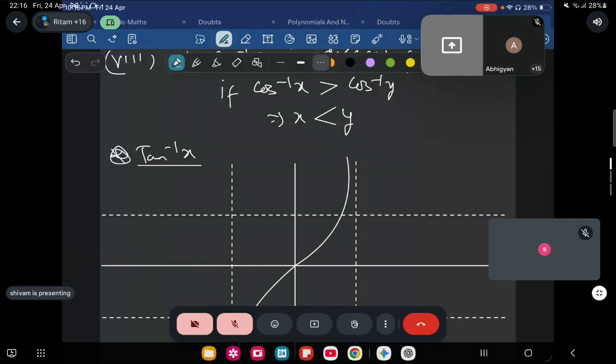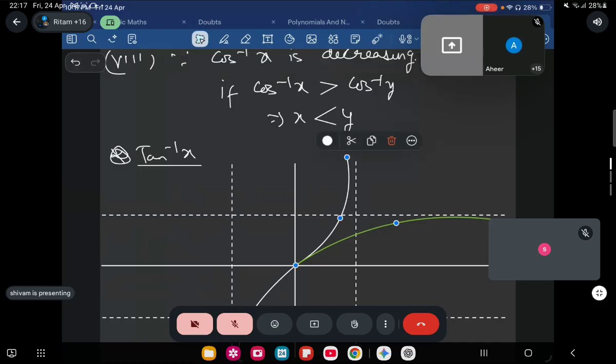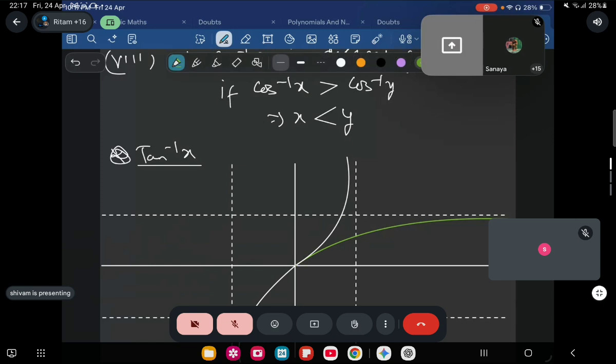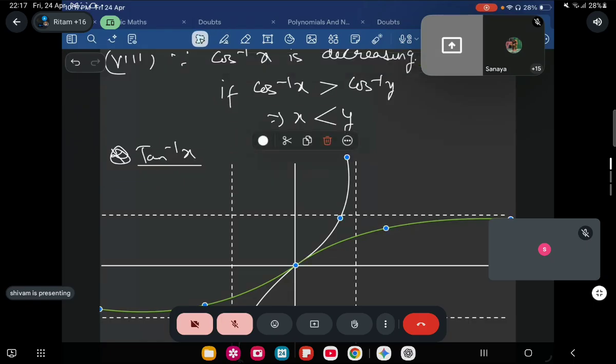Yes, sir. Okay. This is how it is going to look like. So this is how the graph of tan inverse x will look like.